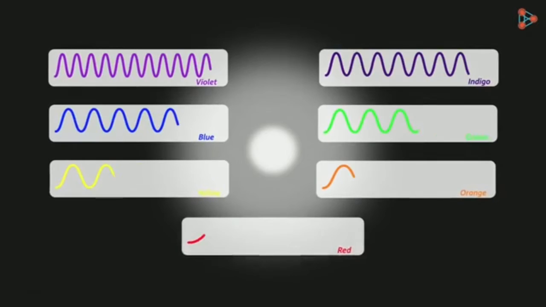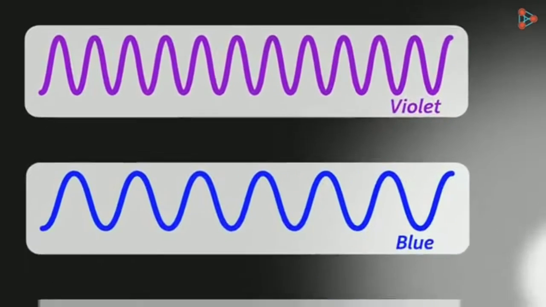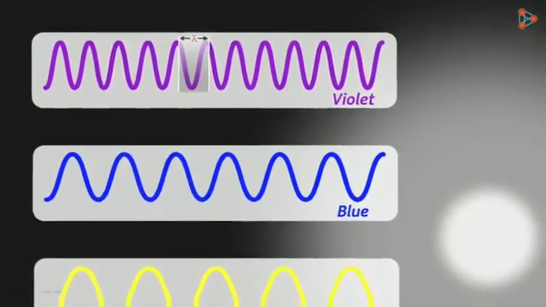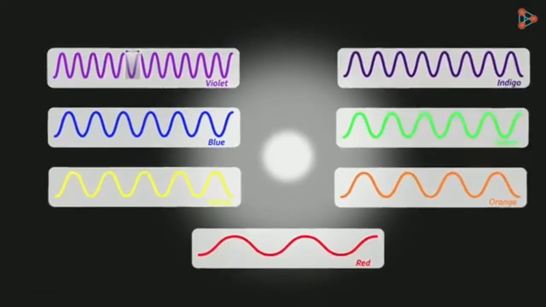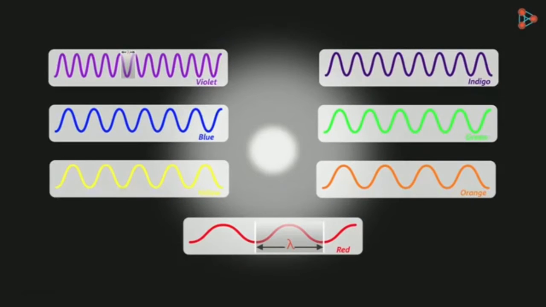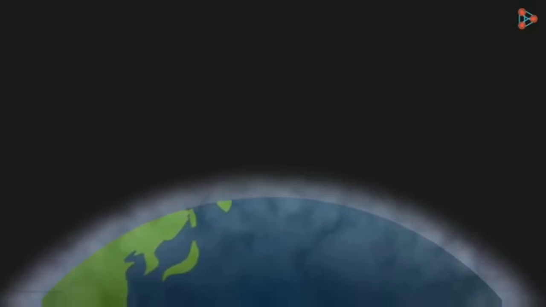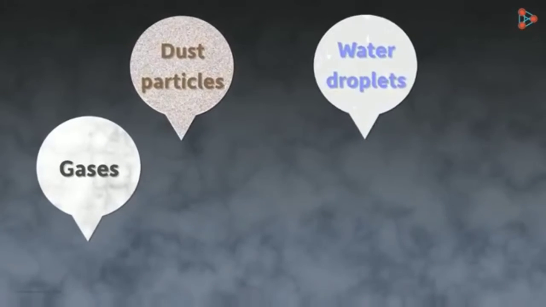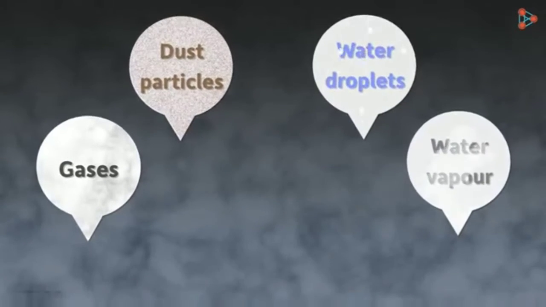The white light coming from the sun is a mixture of 7 primary colors, and each colored light has a corresponding frequency and wavelength associated with it. The violet-colored light has the shortest wavelength of all, while the red one has the largest wavelength. And what forms the Earth's atmosphere? The Earth's atmosphere is mainly composed of gases, dust particles, water droplets, and water vapor.